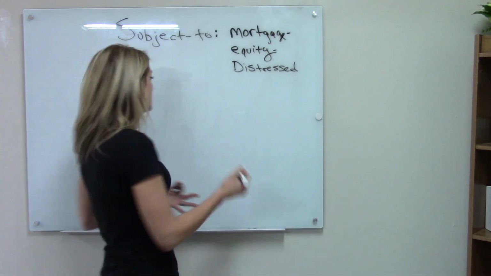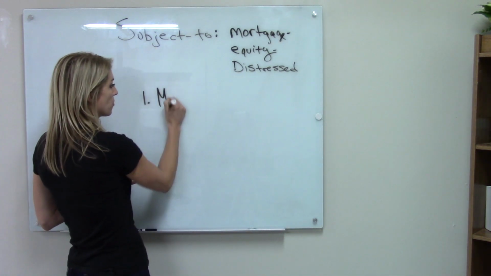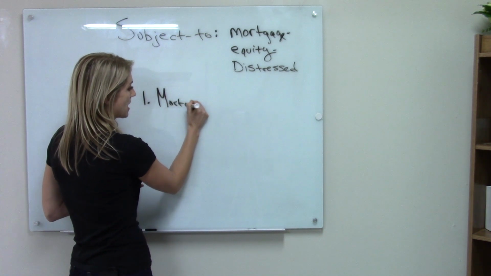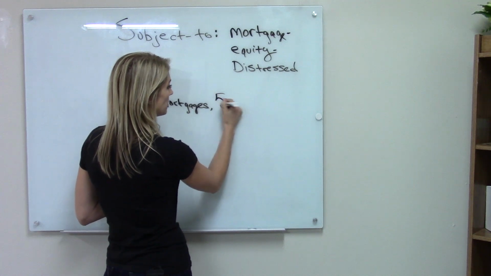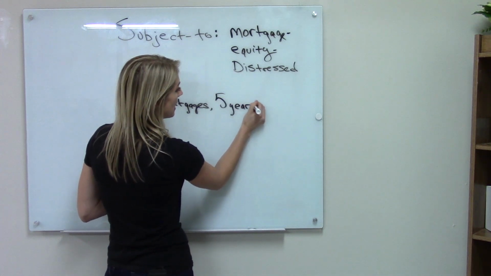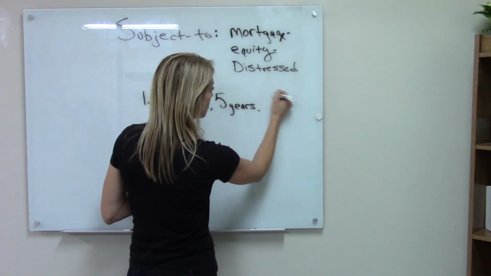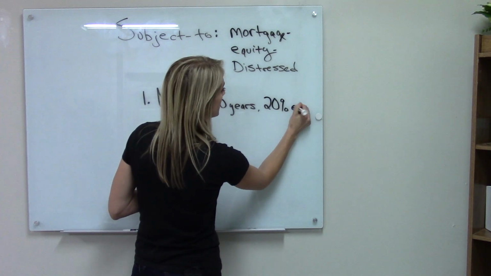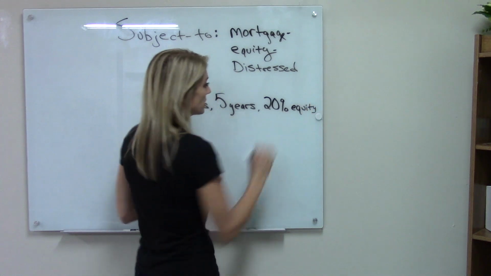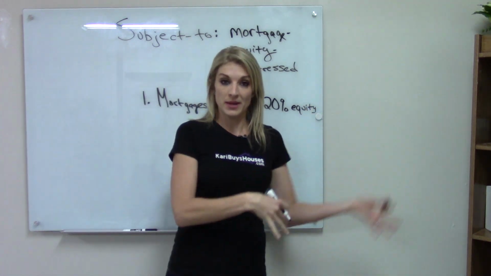We might build a list that have mortgages that originated, let's say, at least 5 years ago, and they have, let's say, we'll start with 20%, at least 20% equity in them. So that might be a list that you build. You mail out to those lists.